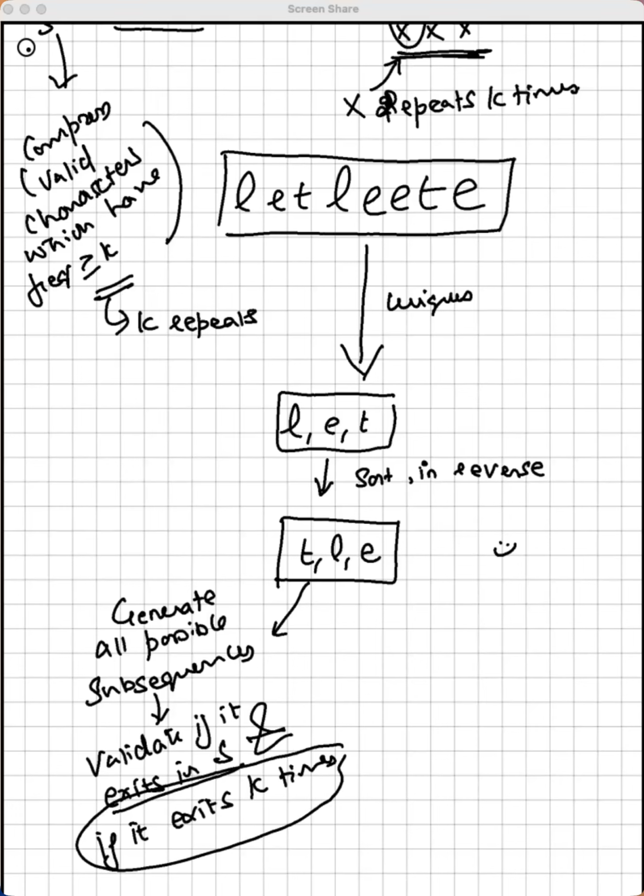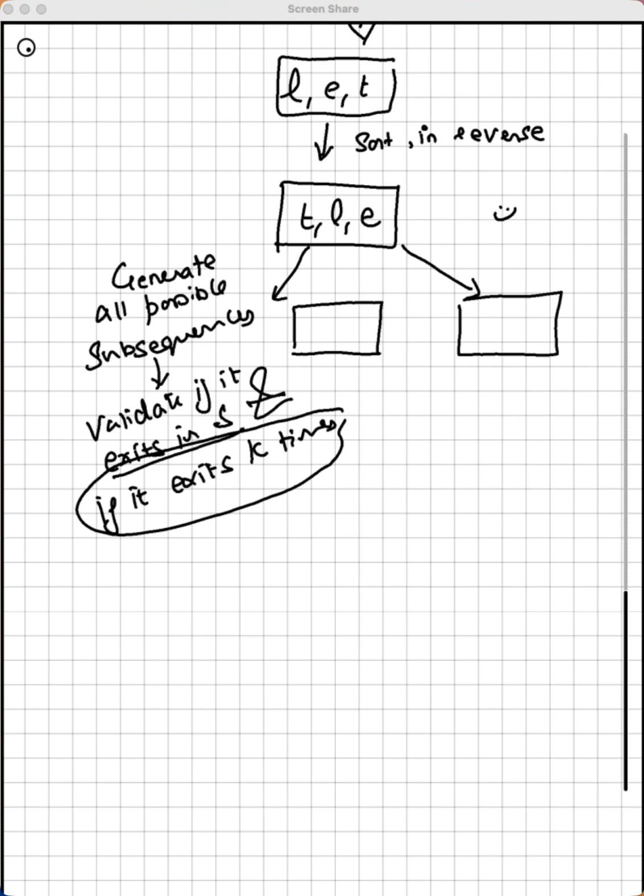For our particular example, we want to identify the longest subsequence which is lexicographically largest, and we want to make sure that there are 2 repeats of it. Using these characters I can keep generating as many strings as I want.